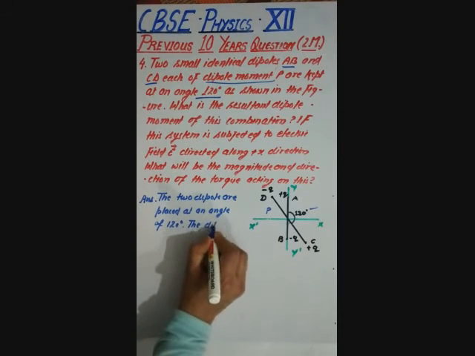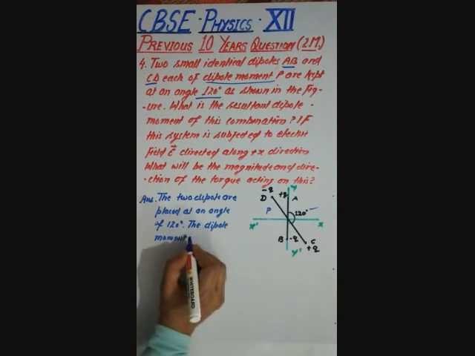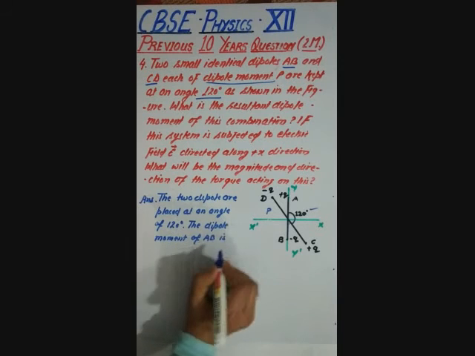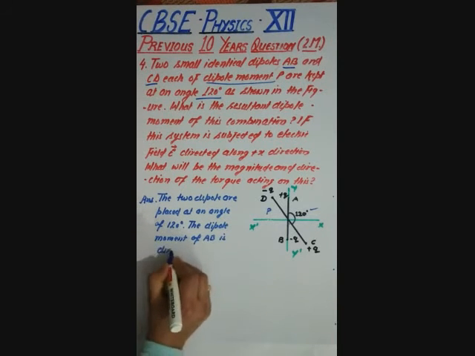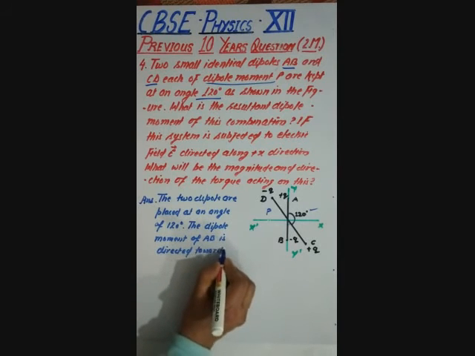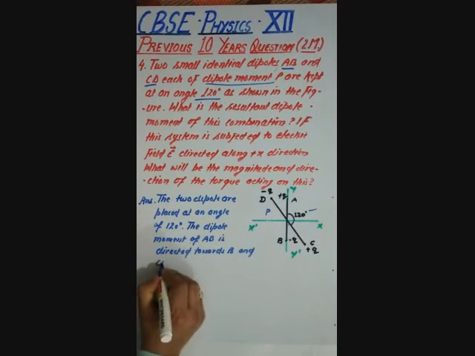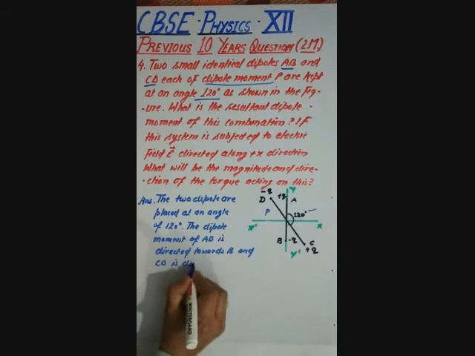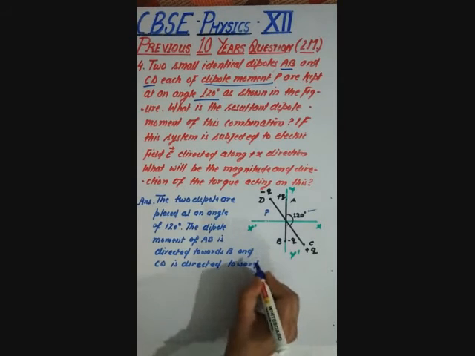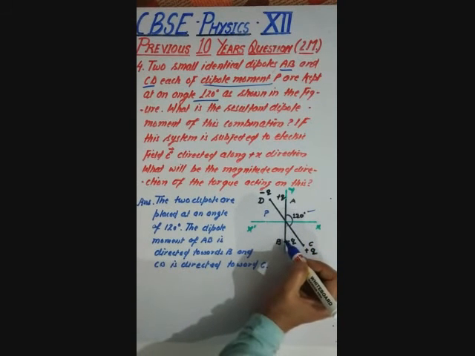The dipole moment of AB is directed towards B, and CD is directed toward C. AB is directed toward B, we know the fact.